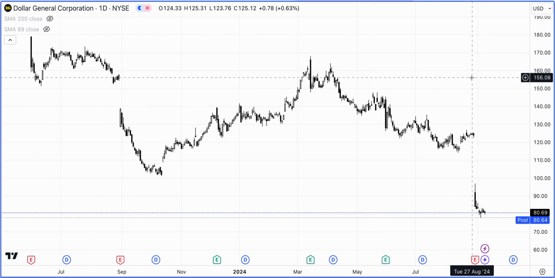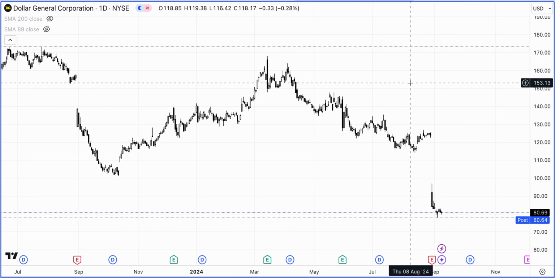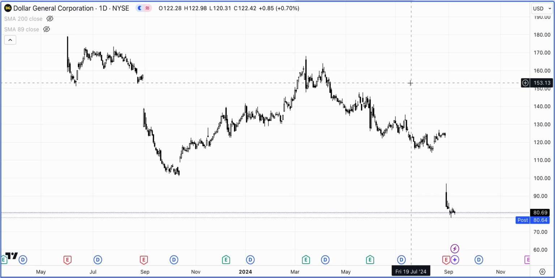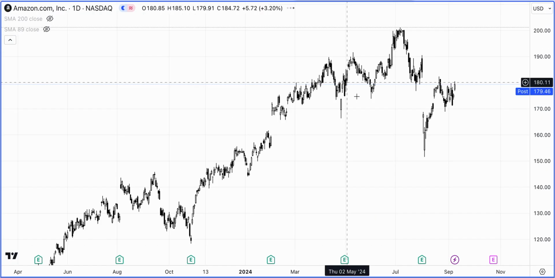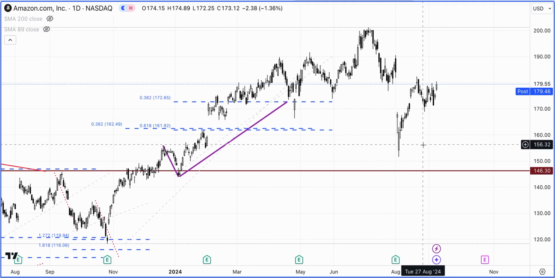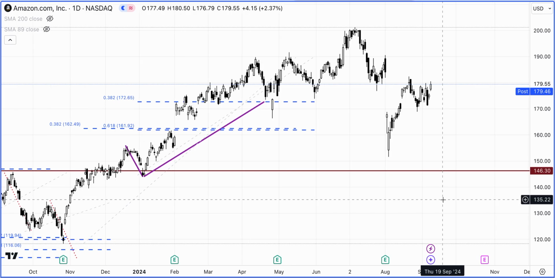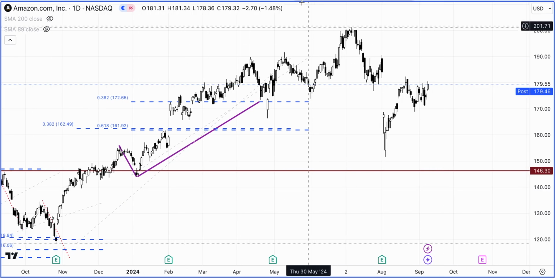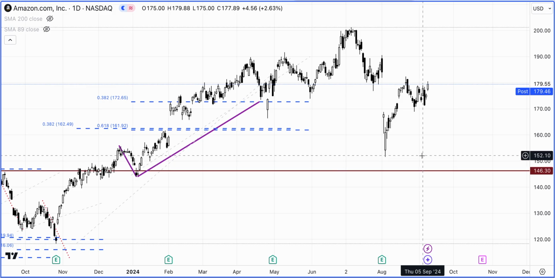Consumers might be more willing to spend on essentials. So there is something really interesting if we take a look at this one. If we take a look at some of the online retailers such as Amazon, if Dollar General and these kind of stores have certain kind of issues, it's going to come into online as well at some point.